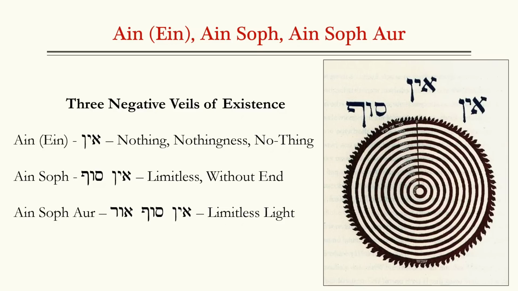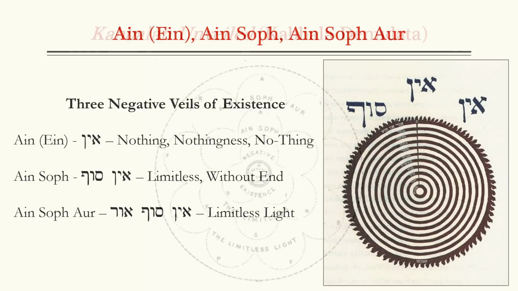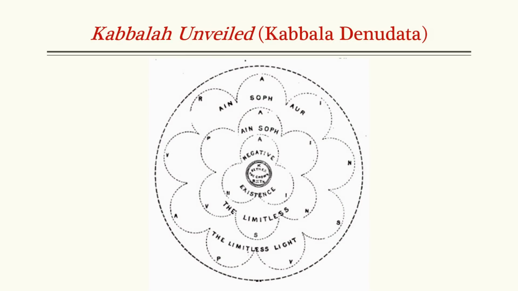So let's go deeper into these. Ain Soph, Eyn Soph Aur. Here's another image of that from the Kabbalah Unveiled, or the Kabbalah Denudata of Rosenroth. And he starts off in the outer circle.